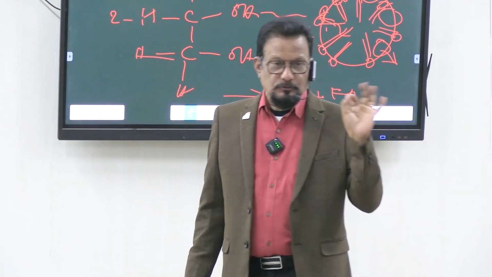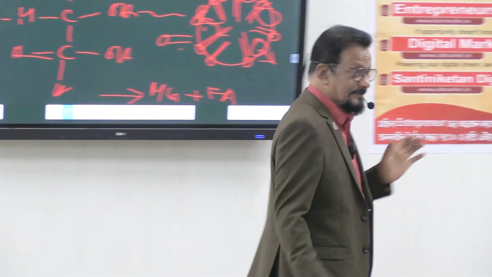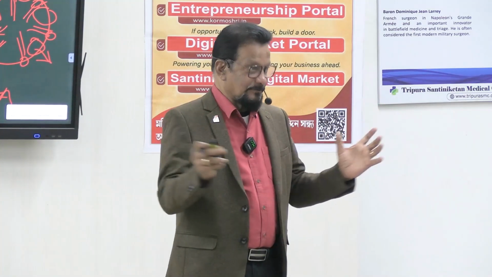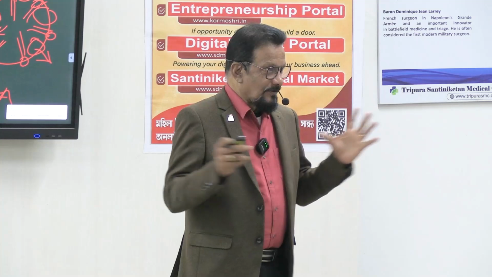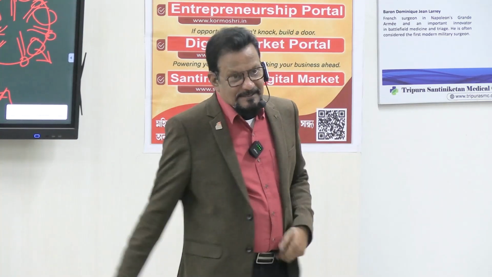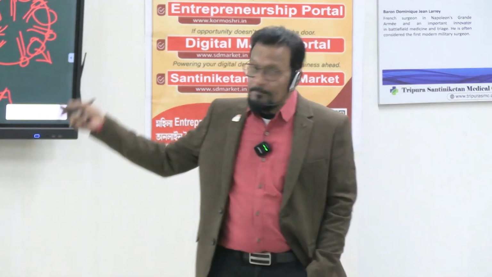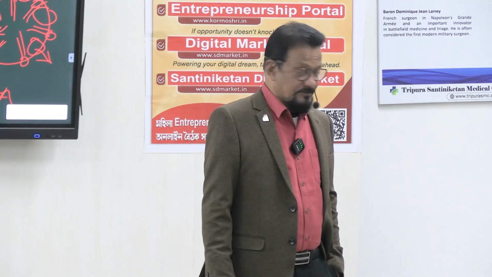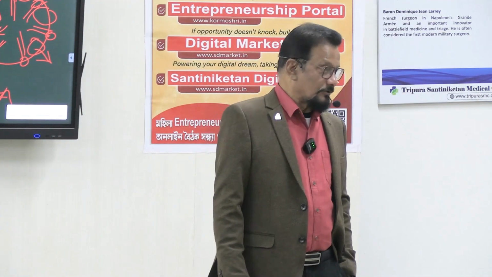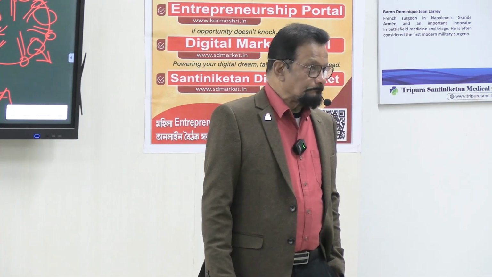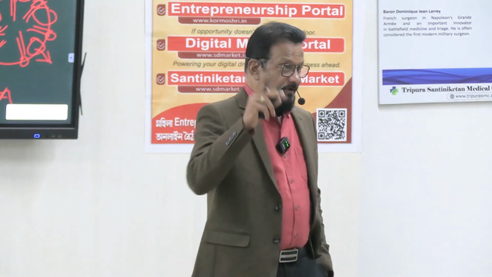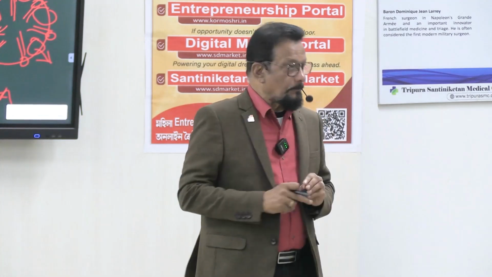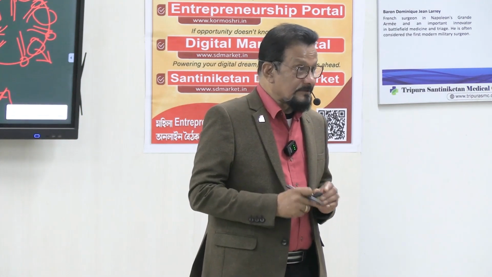another force can also participate in emulsification, that is the shearing action, the peristaltic action of the wall. So by this peristaltic action and mainly by the surface tension reducing function of bile salts, fat droplets are formed.